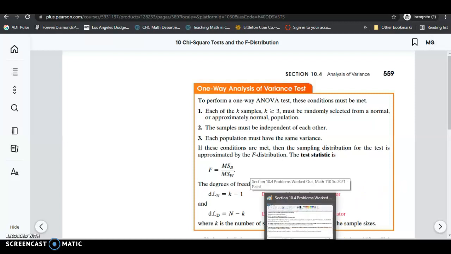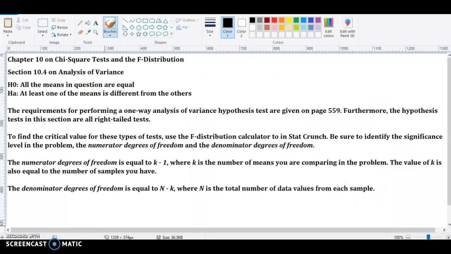Before we do an example from the homework, let's go over some basic information that you should know. The basic setup of the null and alternative hypotheses in this section is that the null hypothesis will always be that all the means in question are equal.